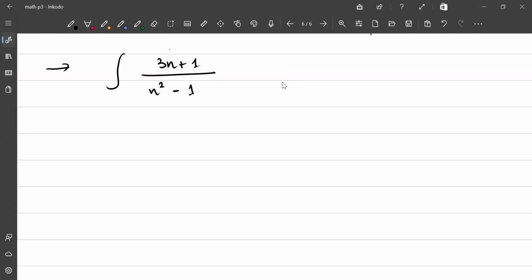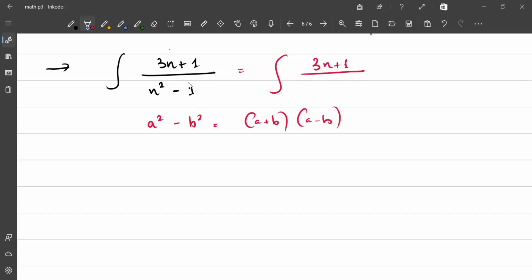Now notice that this is written in the form a square minus b square, which is a plus b, a minus b. So let's just write it like that. 3x plus 1 over x plus 1 and x minus 1.